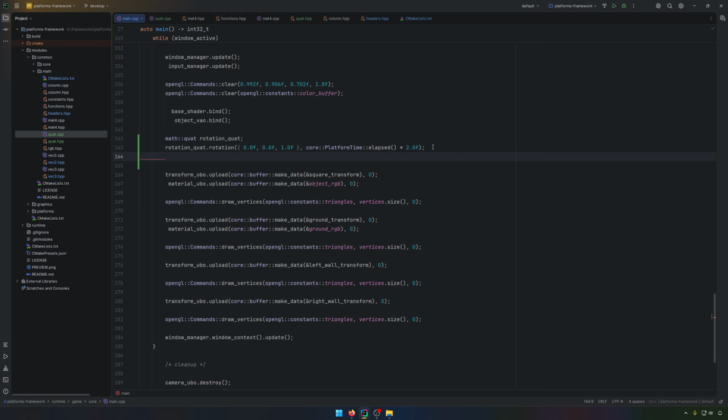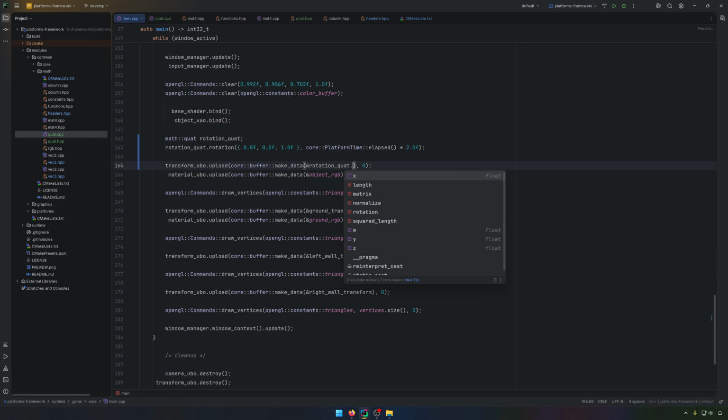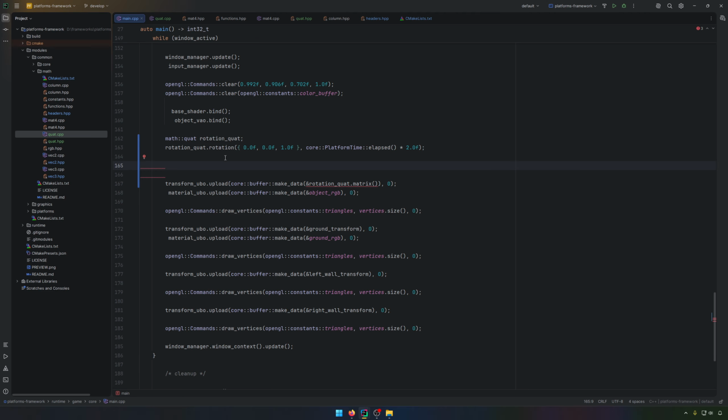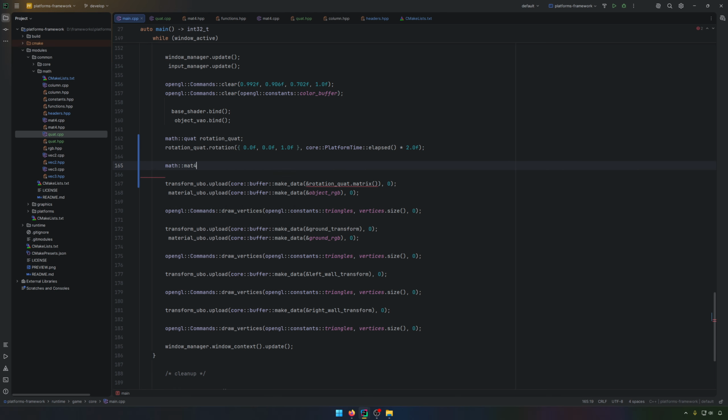And at the end, let's see if I can use it directly like this. Okay, I cannot. So what I need to do is to have a math rotation matrix. So it's equal to the rotation quaternion matrix.